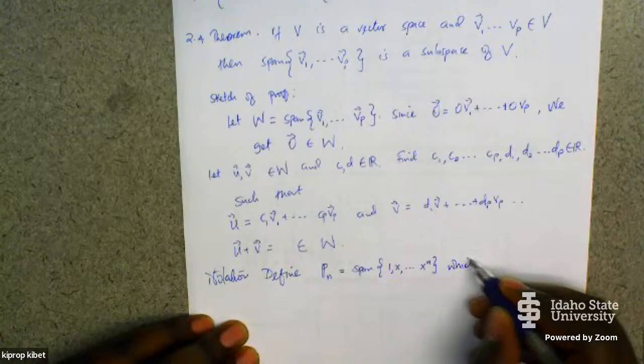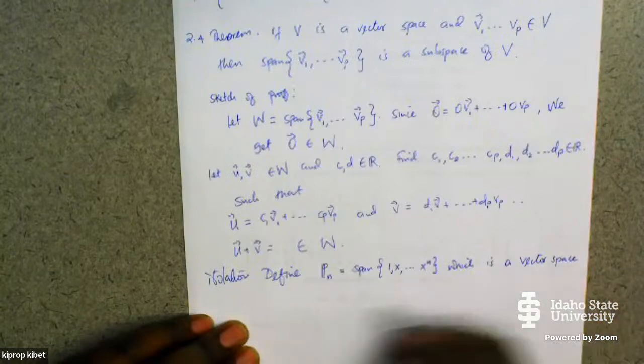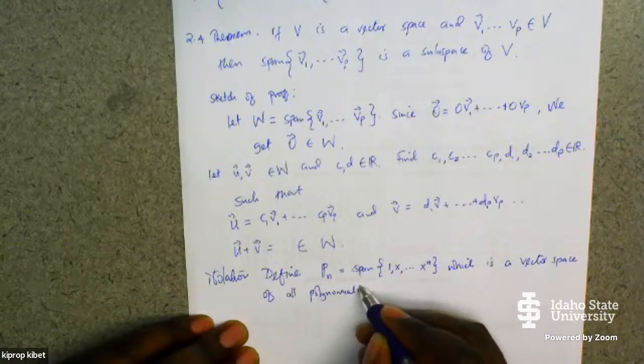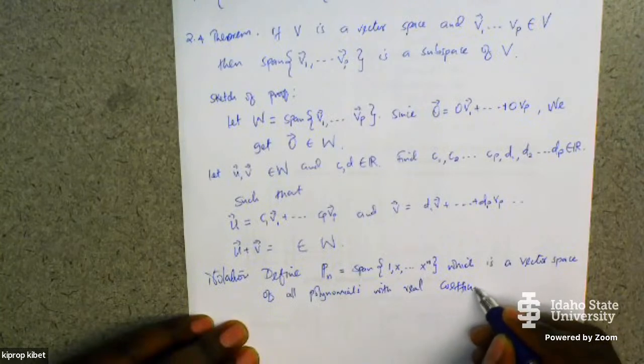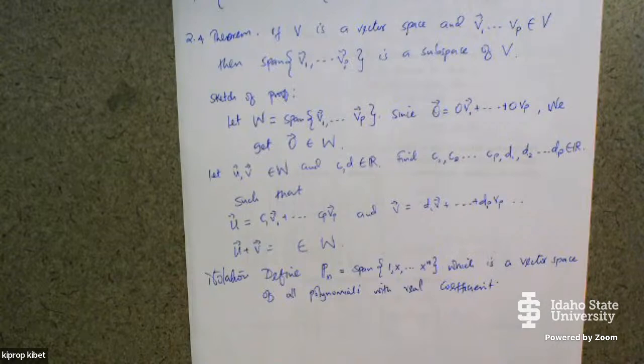And this is a vector space of all polynomials with real coefficients. So if the polynomial is of degree 3, then we'll get P3. And P3 will be what? 1, x, up to what? x^3. P4 will be 1, x, up to x^4. There's a polynomial of degree 4, degree 3, like that. Okay.